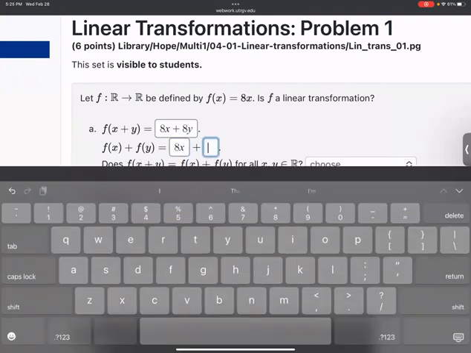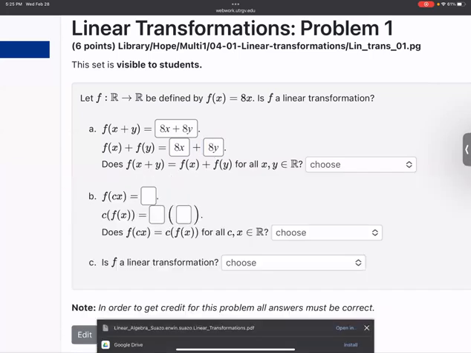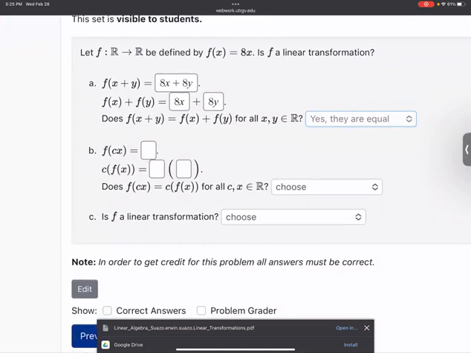And what is f of y? A times y, yeah. So are they equal? f of x plus y equals f of x plus f of y. Are they equal? Yes. So choose here, yes, they're equal. Okay, now that's the first property.